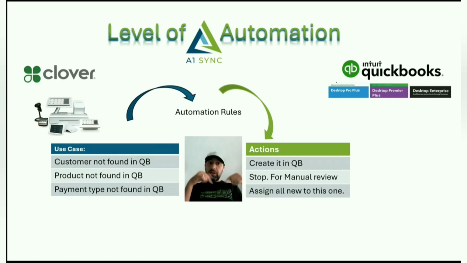And then you've got to figure that out. You look at it and you deal with it, but already now in QuickBooks. But the stop for manual review won't even take it to QuickBooks. It'll stop on the A1 Sync interface, and it'll enable you to manipulate that data whichever way you want to before it goes into QuickBooks.